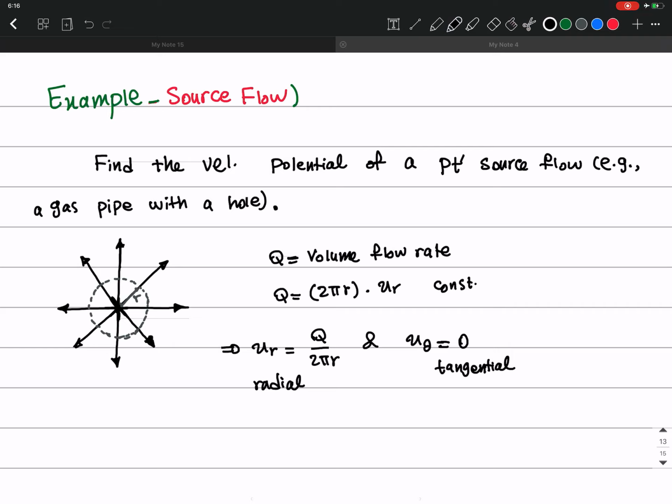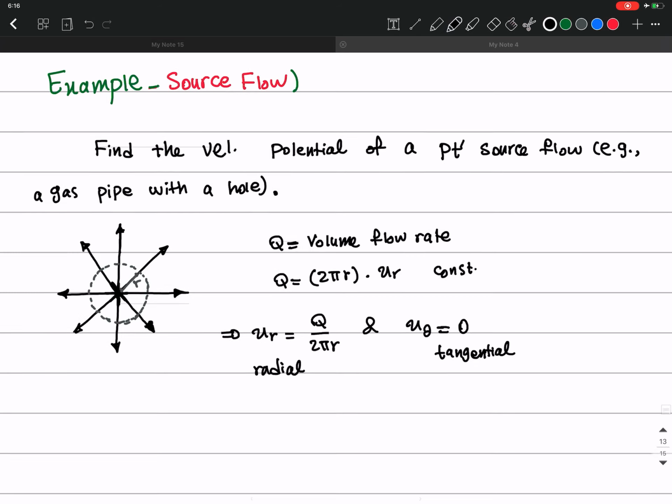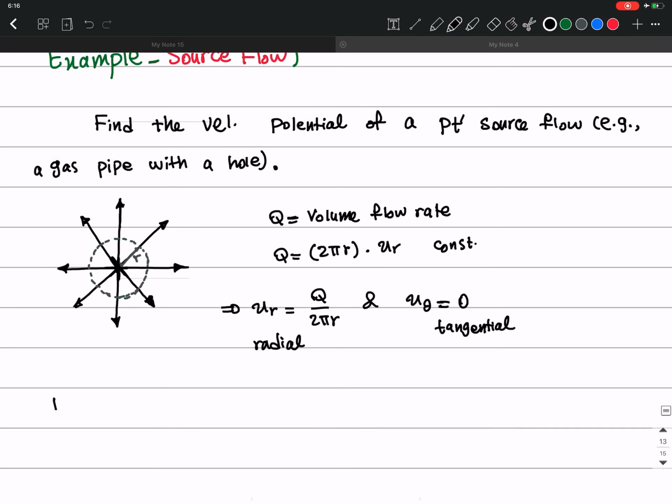In order to find the velocity potential for this flow, the first question we want to answer is: is this flow irrotational?